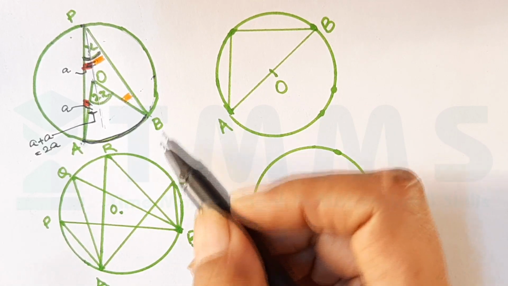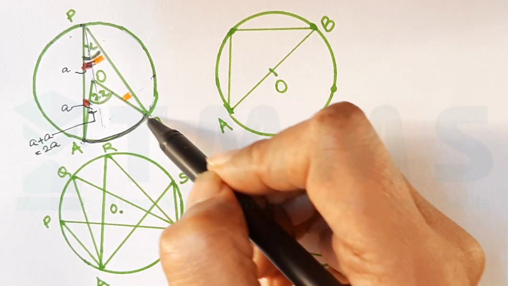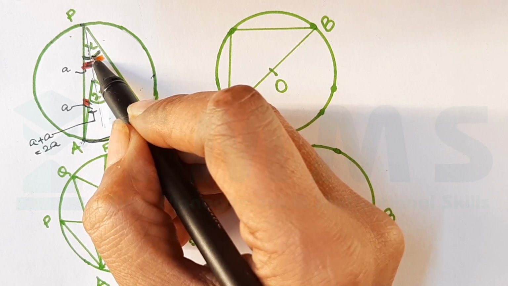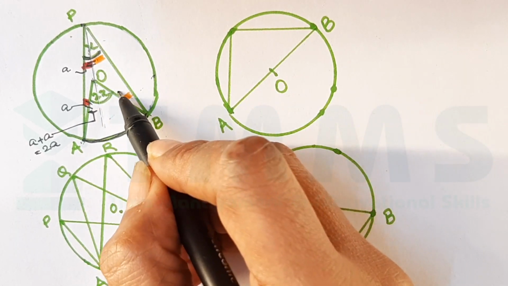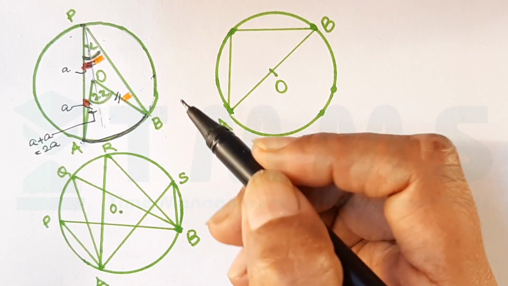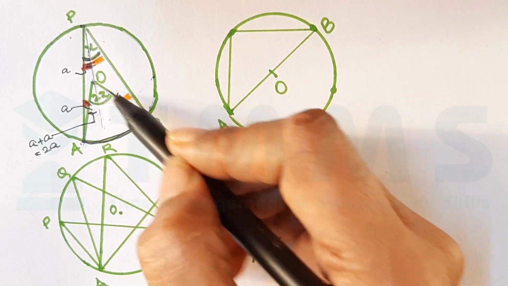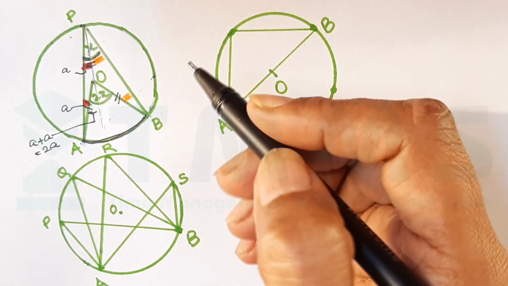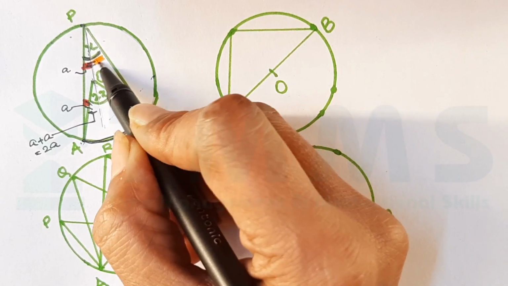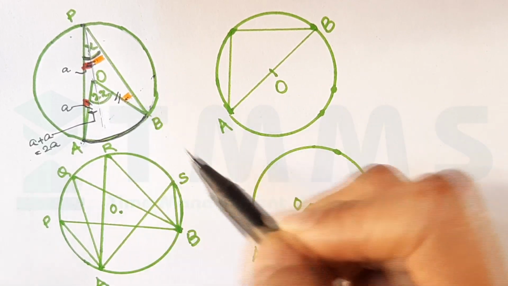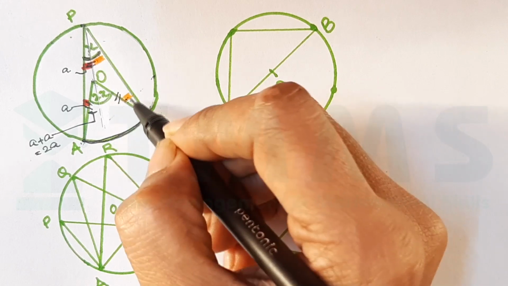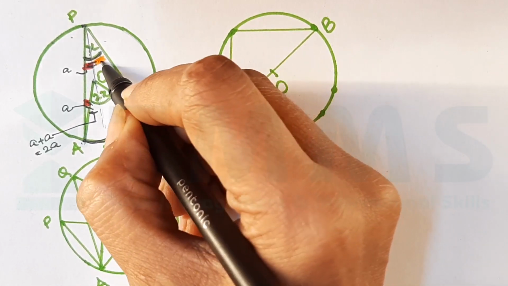Got that? Now let us look at triangle POB. POB again will have PO equal to OB because they are the radii of the circle. And so triangle POB also becomes an isosceles triangle, and then this yellow angle and this yellow angle will be equal because base angles of an isosceles triangle are equal.